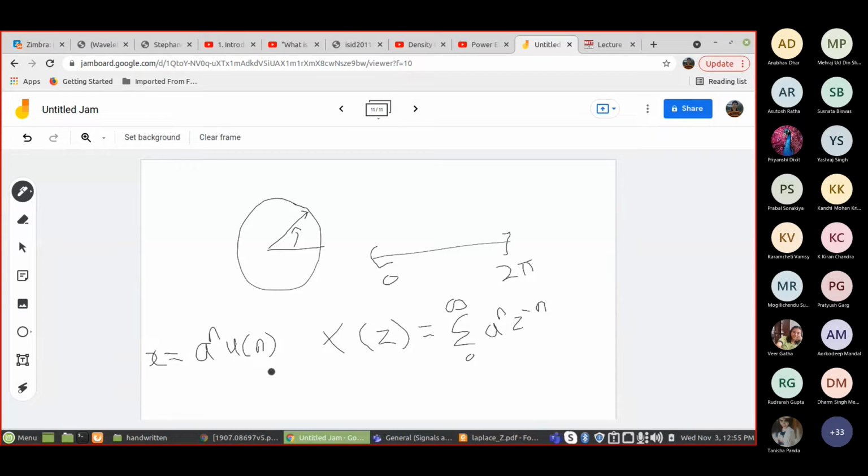Okay. So values are identically 0 for n negative. That's why this summation. And now this sum we can write as a times z inverse raised to the power n.